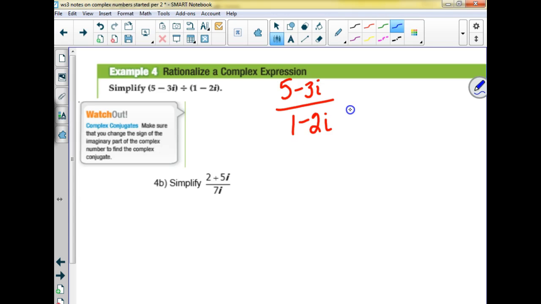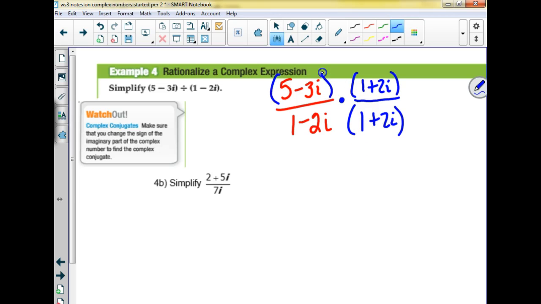Okay, so we have to get rid of the denominator's i. The numerator's not wrong. But in order to get rid of the denominator with an i, we have to use the conjugate. And whatever we do down here, we're going to multiply by 1 plus 2i. We have to multiply the top too because we can't change the kind of number it is. It's multiplying by a form of 1, right?